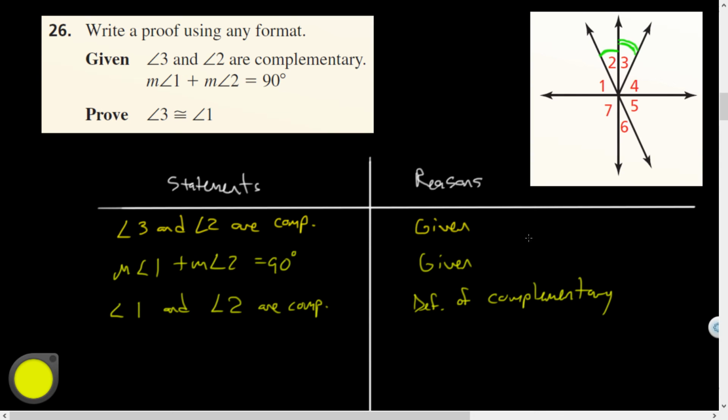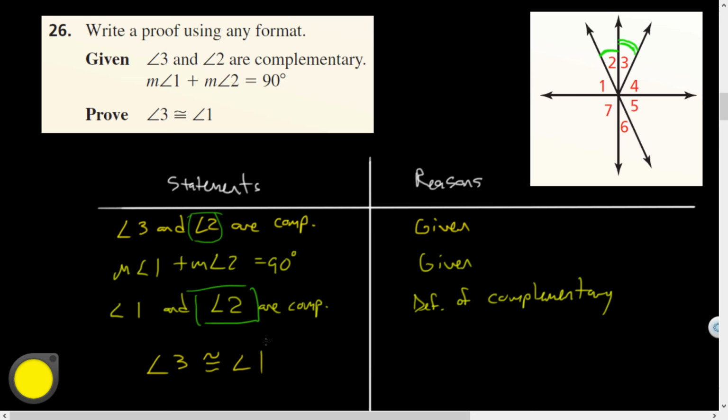Now I've got these two angles are complementary, and these two angles are complementary, and I notice angle 2 is in both of those. So angle 3 is complementary to 2, and angle 1 is complementary to 2. I believe I can say that angle 3 is congruent to angle 1.